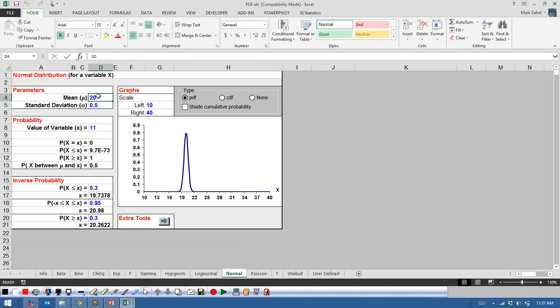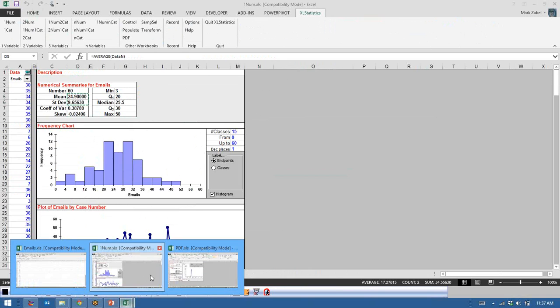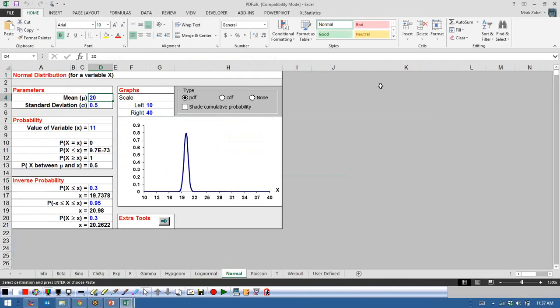Now, if we plug in our values here, this is the normal curve that best fits our histogram. So I plug in this 24.9 and 9.65630. I don't have to be that precise, but I'm going to copy those and paste values over here, for reasons I'll make clear in just a second.